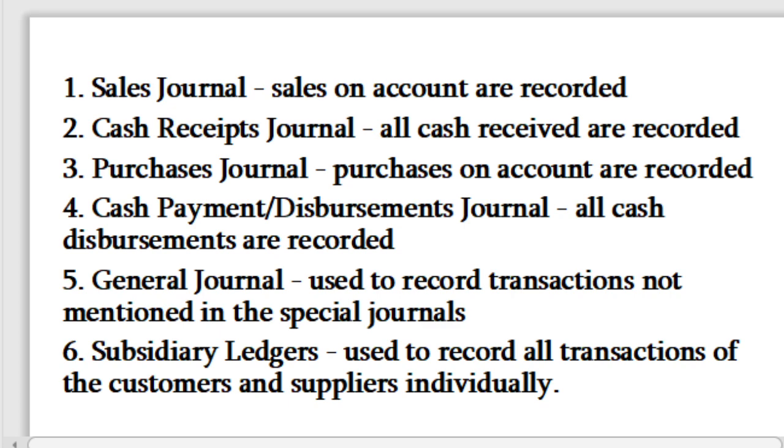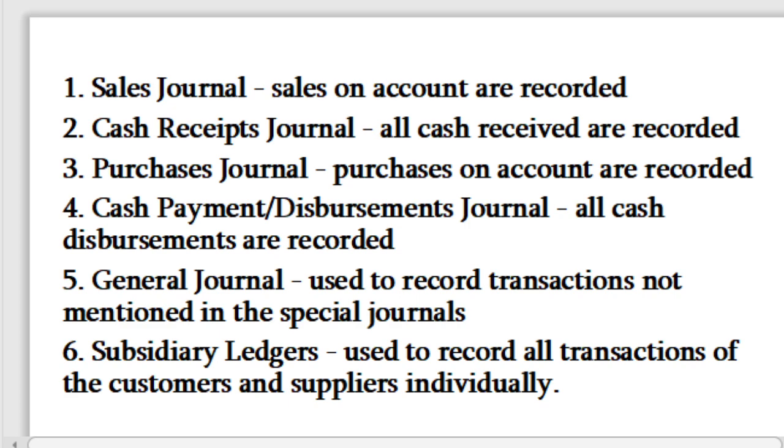Next is the subsidiary ledgers. These are used to record all transactions of the customers and suppliers individually. Ibig sabihin nito, for example, sa ating accounts receivable and accounts payable, nandito yung ledger per customer. Let's say customer A, customer B. Naka-isa-isa siya.